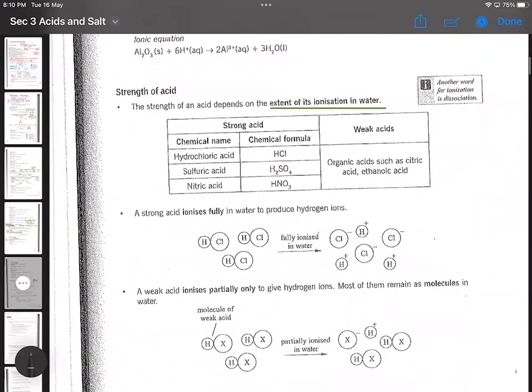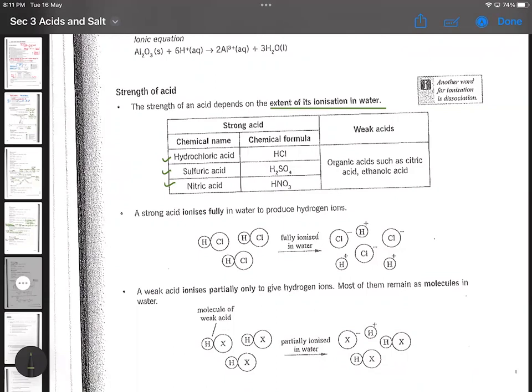In the syllabus, we have a few strong acids. This list here gives us all the strong acids that we require. So do remember these 3 acids as strong: HCl, sulfuric, nitric.